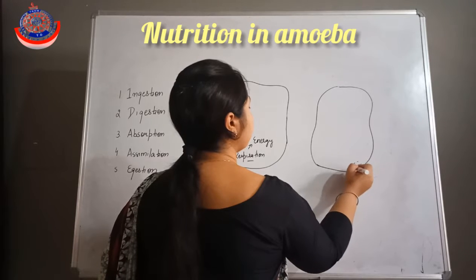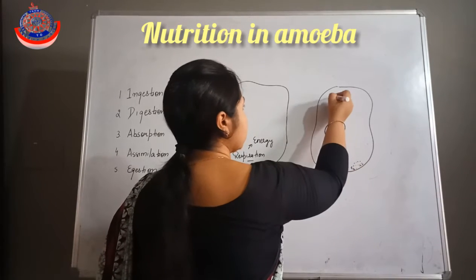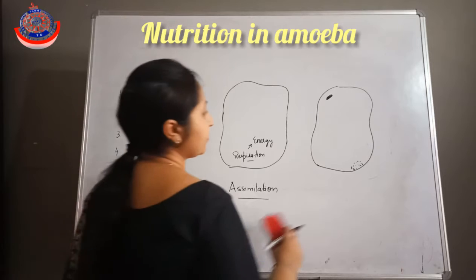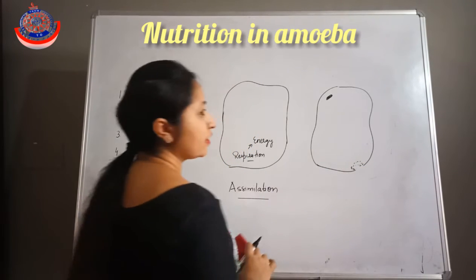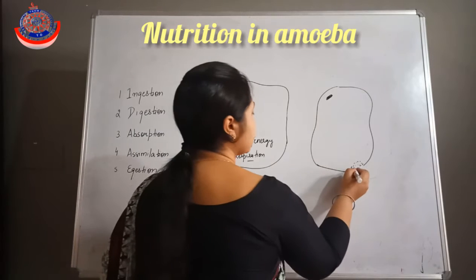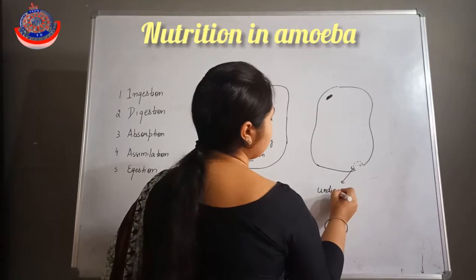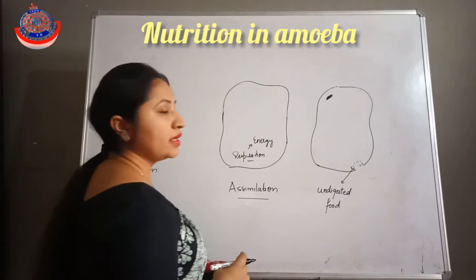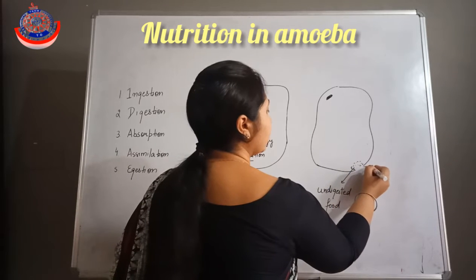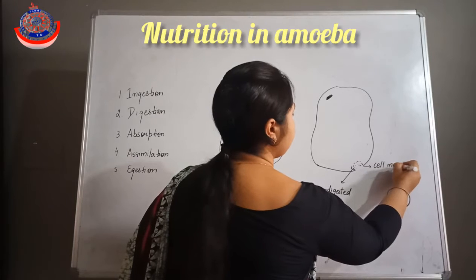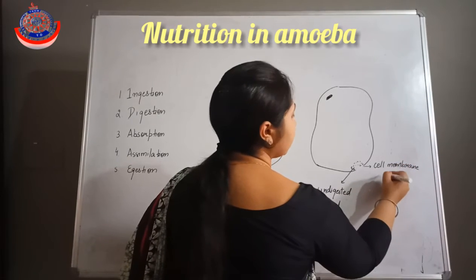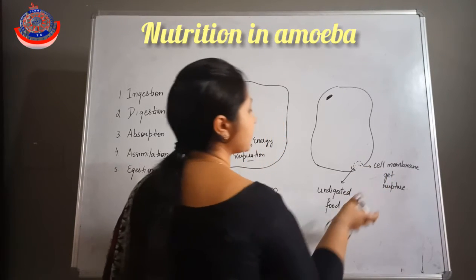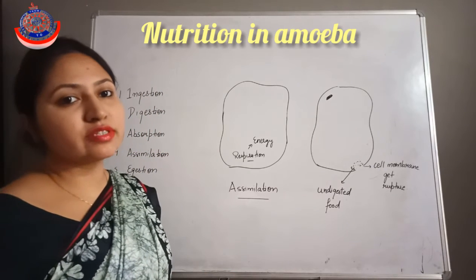Suppose these are the undigested food, they come near the surface of the cell membrane, and then the cell membrane ruptures from the side where the undigested food is present, and it releases the undigested food to the outside of the cell.